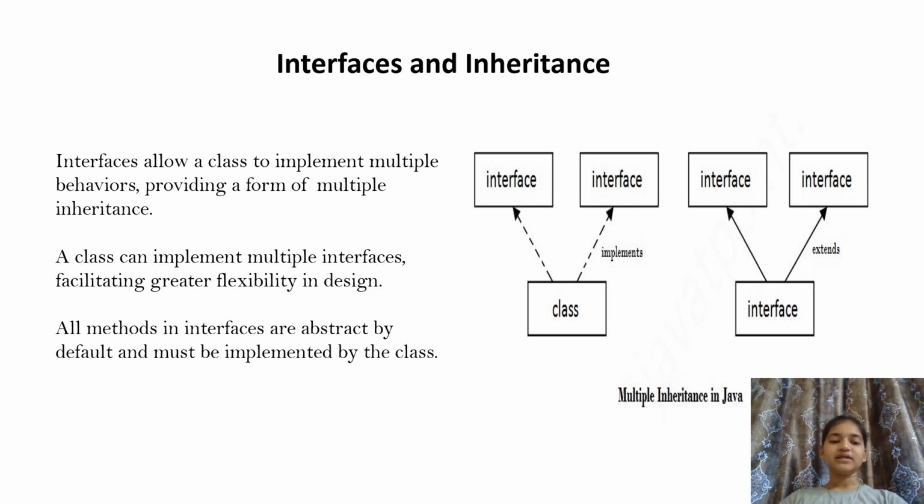All methods in interfaces are abstract by default and must be implemented by the class. Here we can see multiple inheritance in Java: the first interface is implemented by the class, and the second interfaces extend the interface.